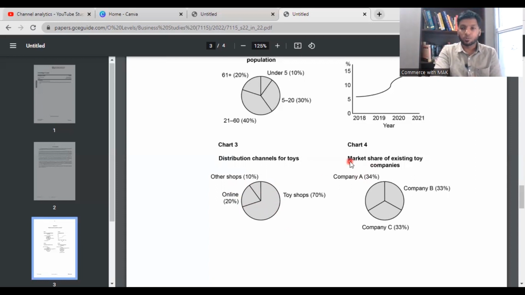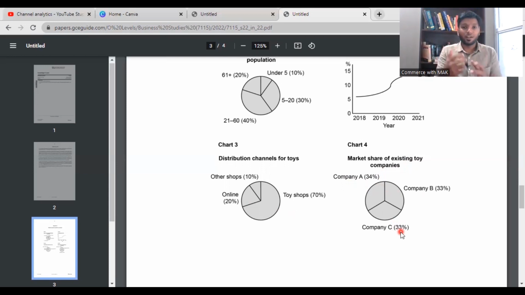Chart 4 shows the market share of existing toy companies. We have company A 34%, company B 33%, and company C 33%. One thing you can understand from this is that these three companies are taking the entire market. So you are the fourth company going into this market, TT, to take a share of it. I don't think they will let you in that soon, so you need to work hard to get that market share.